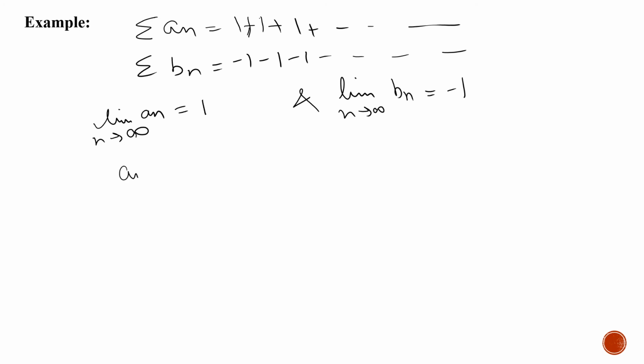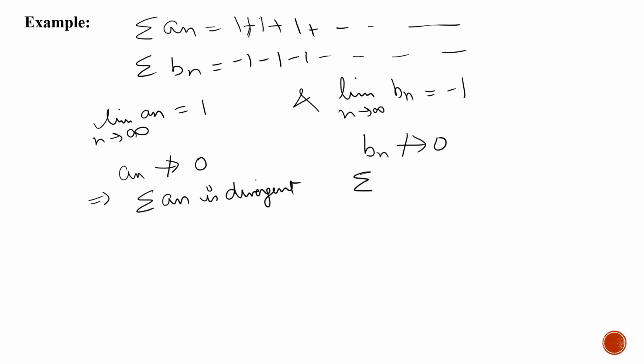Now since a_n is not tending towards 0, this implies that the summation of a_n is divergent. Similarly, you can see that b_n is not tending towards 0, therefore the summation of b_n is also divergent by the nth term test for divergence.